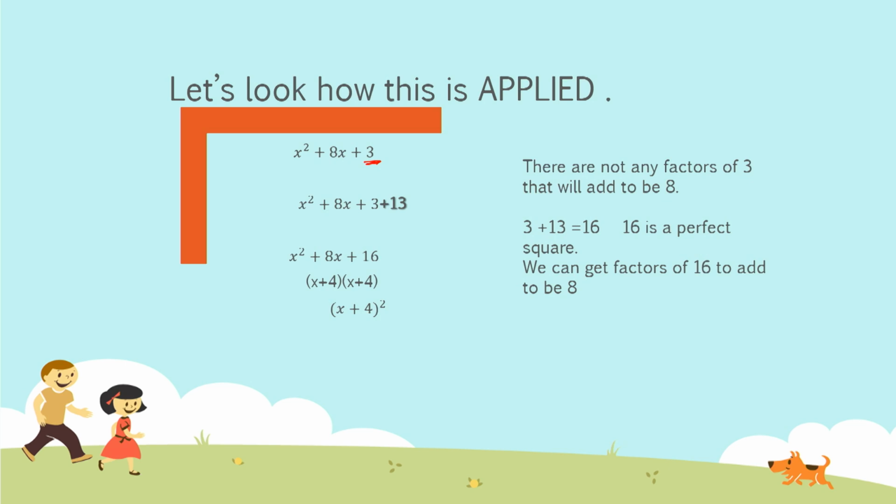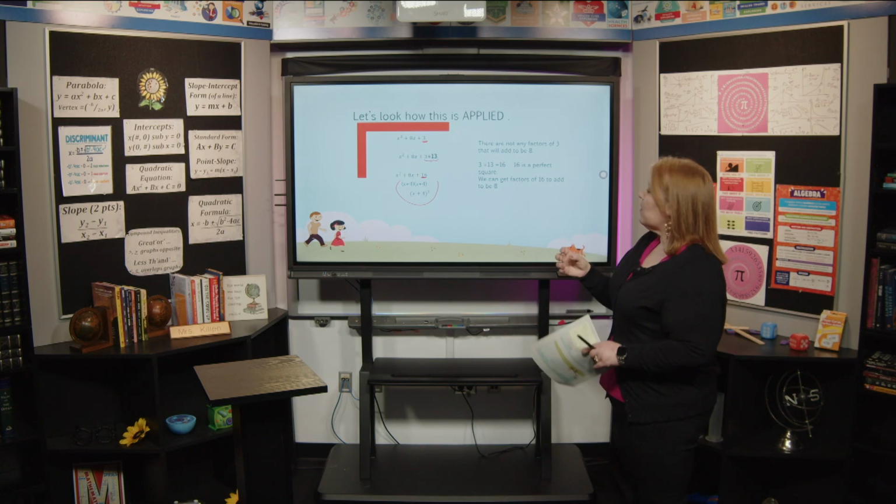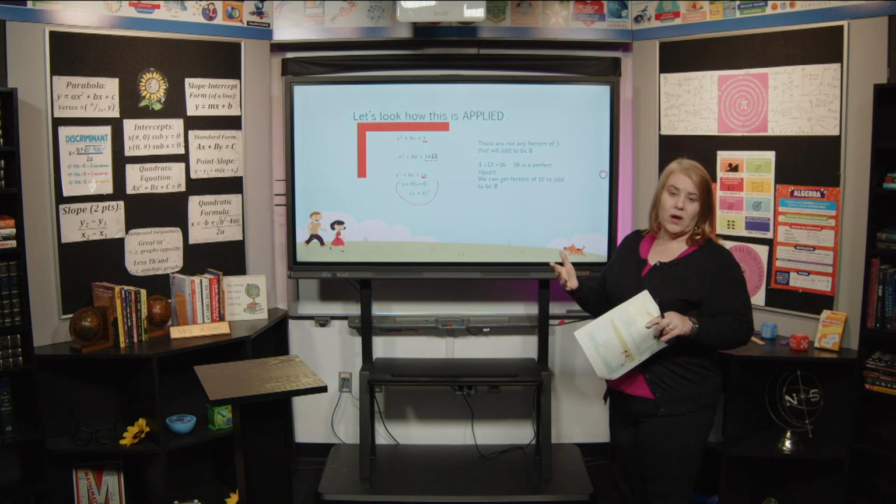If I add 13 here, I get 16. 16 is a perfect square, so I know my perfect square would be 4 and 4. 4 plus 4 is 8. So therefore, we get our ending result.